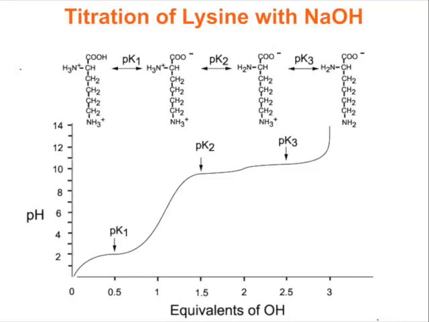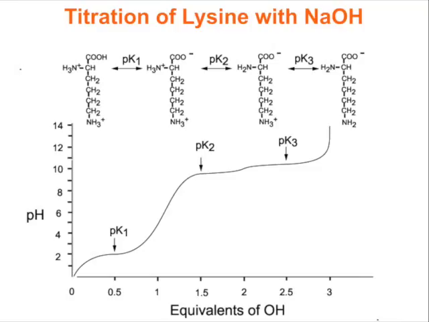And to calculate the pI, you'll need to know that it's the average of the pKs around the point where the amino acid has a charge of 0. So if you figure out the net charges on the molecules, you can use that information to calculate the average of the pKs around the point where the amino acid has a charge of 0.